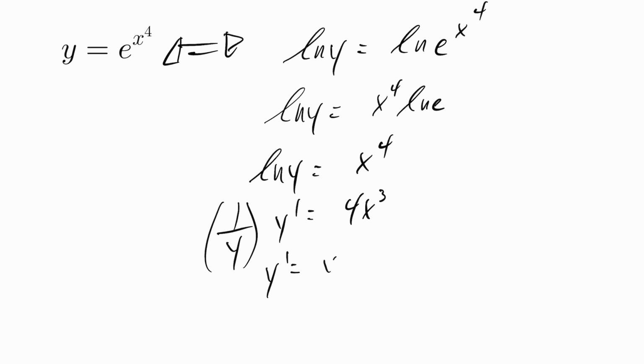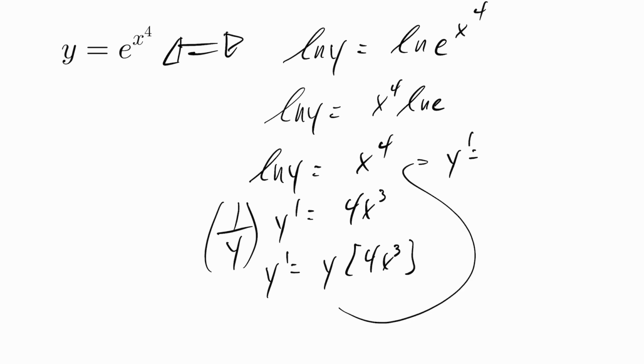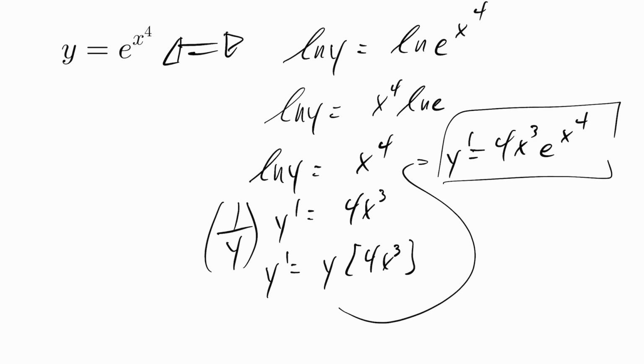So y prime is y times 4x cubed, in which case y prime is 4x cubed times that y value, which is e to the power of x to the 4. And I end up getting my answer here for y prime.